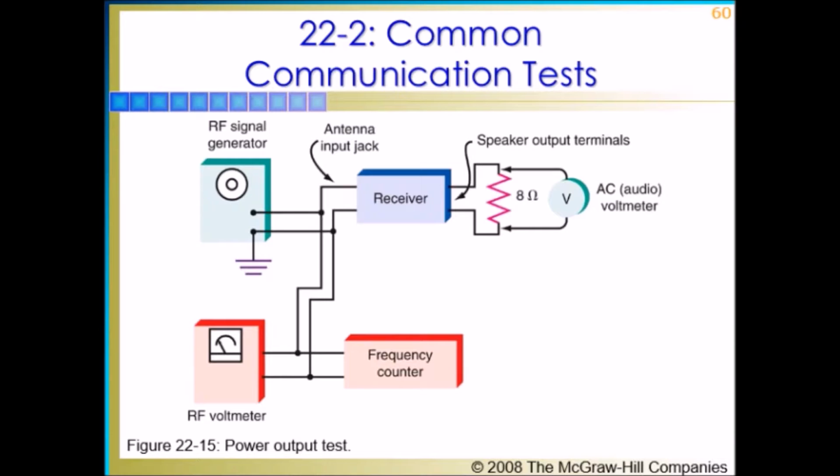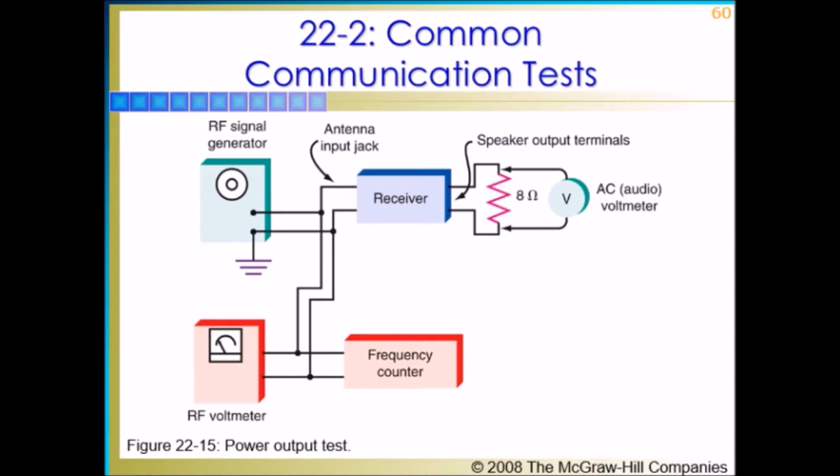1. Set the RF generator output level to 1 mV. If the RF signal generator has a built-in RF voltmeter, use it to make this setting. Otherwise, an external RF voltmeter may be needed, as shown in the figure. 2. Set the signal generator for modulation of the appropriate type.